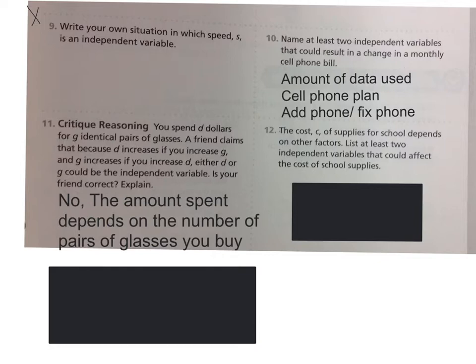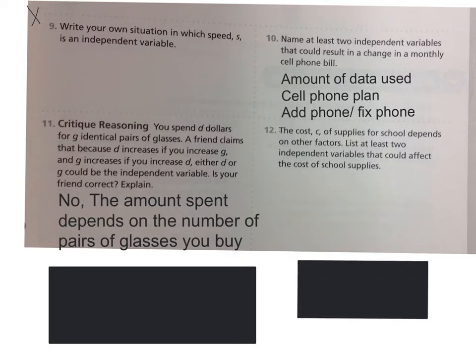Number 12, the cost C of supplies for school depends on other factors. List at least 2 independent variables that could affect the cost of school supplies. So for this one, some things: how many items we need. So the number of items needed.